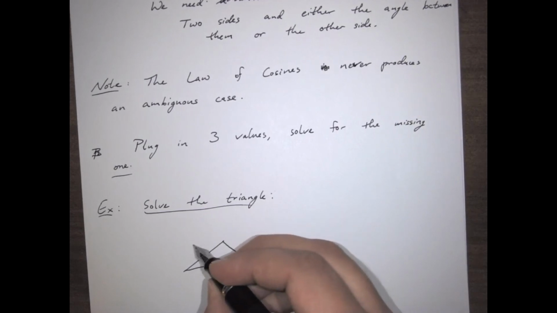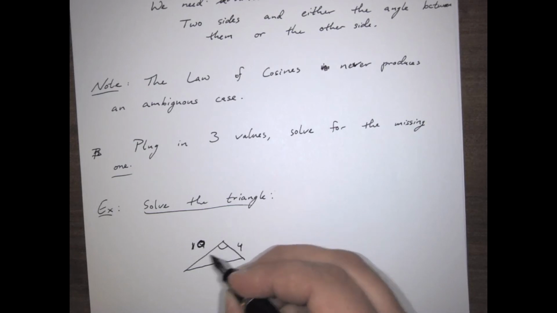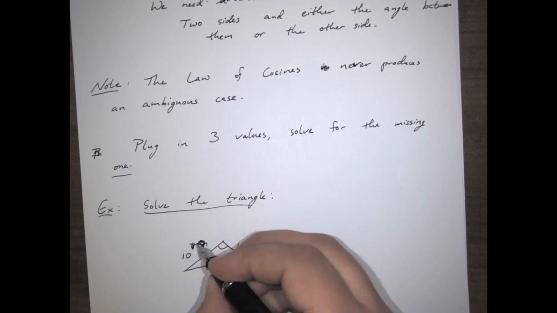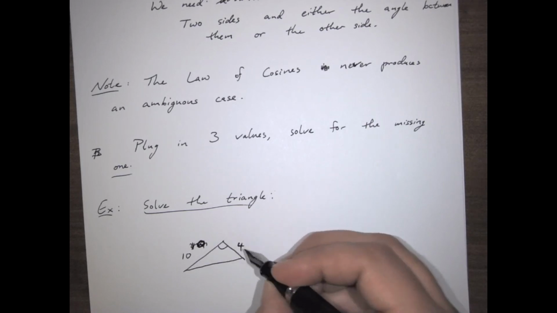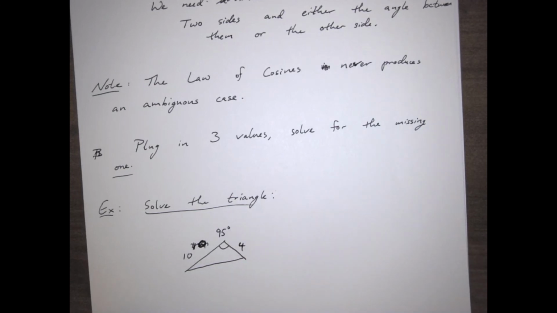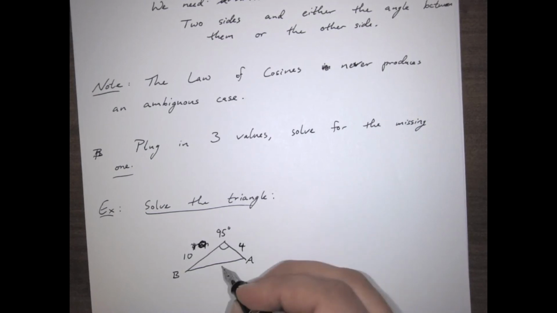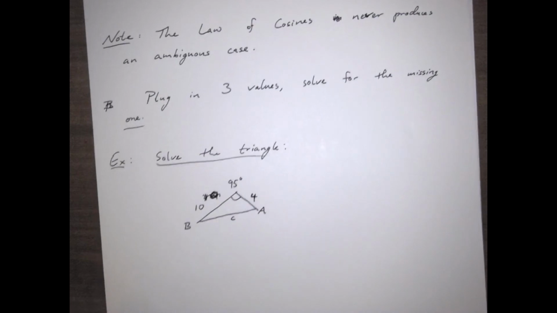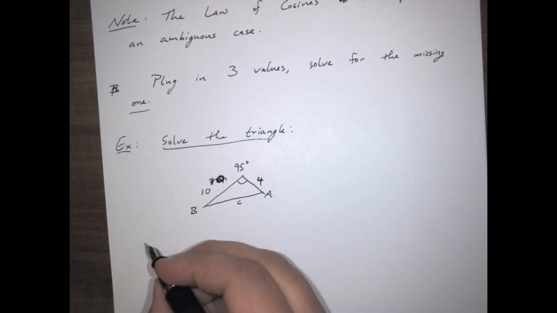Maybe you've got a 4, sorry, let's make that one a 10, make that one a 4, and then you've got an angle here, and let's say that angle is known to be equal to 95 degrees. And the pieces that we don't have, let's say those are B and A and little c. Okay, let's start by finding what we can find. So let's find little c to start with.